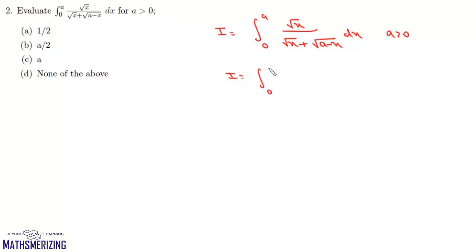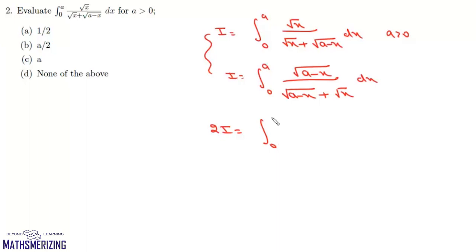So you can write the integral from 0 to a of under root of a minus x upon, now this is under root of a minus x, and here it will be simply under root x, dx. Now we'll add these two integrals, we'll get 2I, and it'll be equal to the integral from 0 to a.